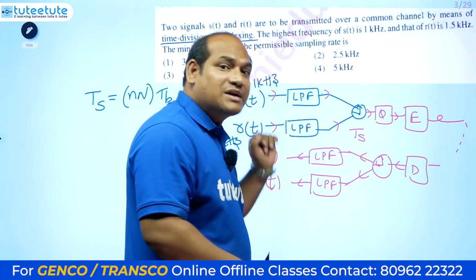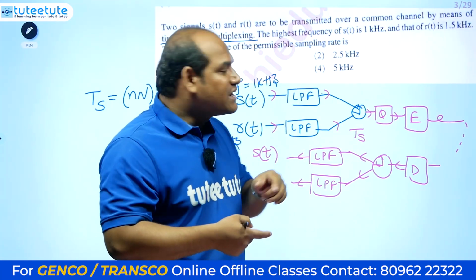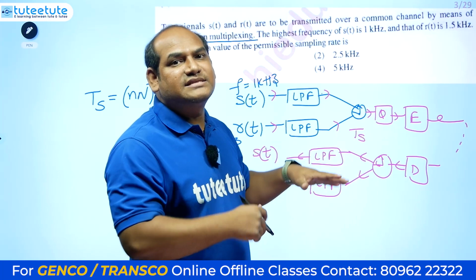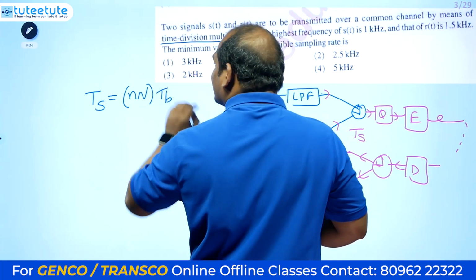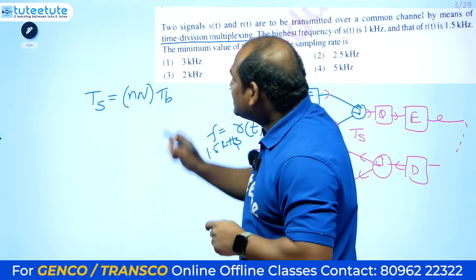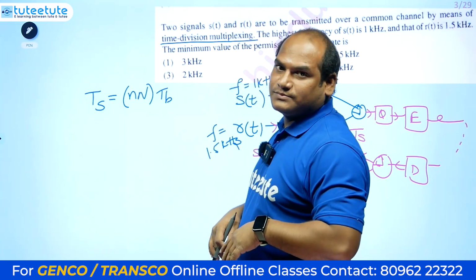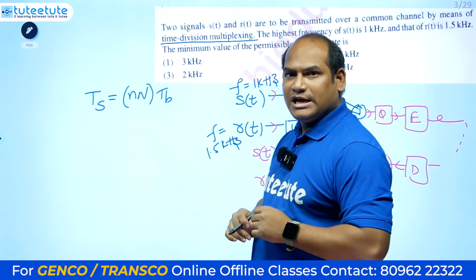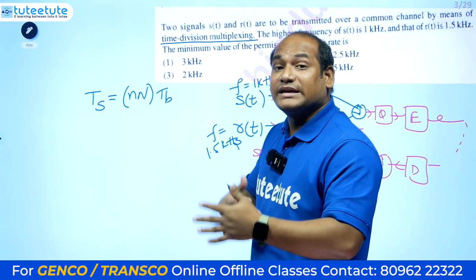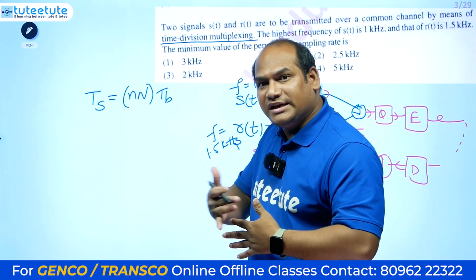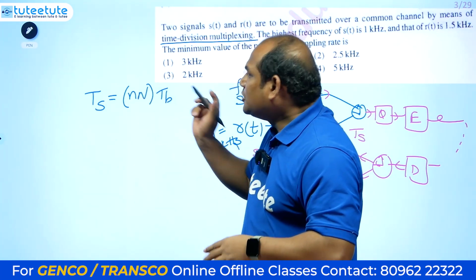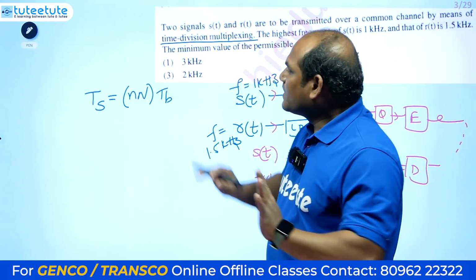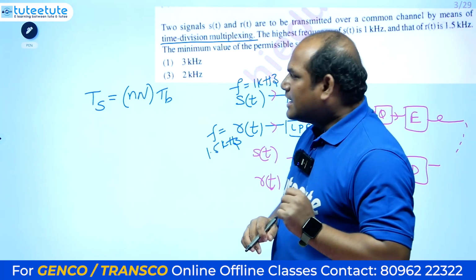Here also n bits, that means 2n bits. Why 2? Because there are 2 signals. If it is 3 signals, it would be 3n. And each bit is available for TB seconds. So TS is equal to (nN plus nN) into TB. If you have any extra bits for synchronization of the commutator and decommutator, we have to take (nN plus a) into TB. This is about TS.